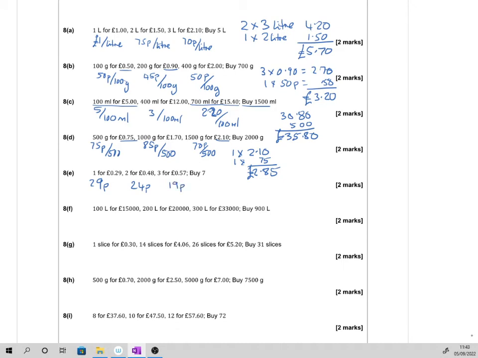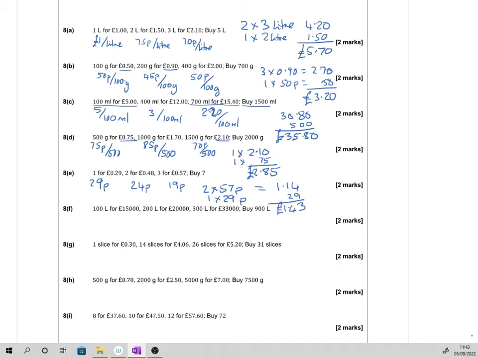And you want to buy 7, so you're going to buy 2 times the 57 pence plus 1 more, 1 times 29 pence, and 2 times 57 is £1.14, and 29p is 341. Oh my goodness gracious.